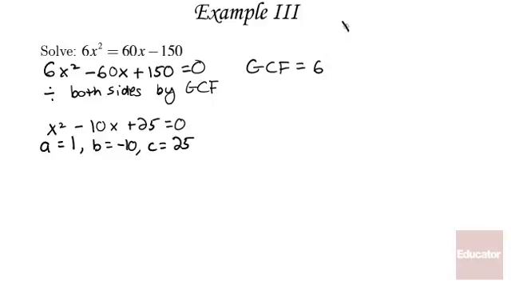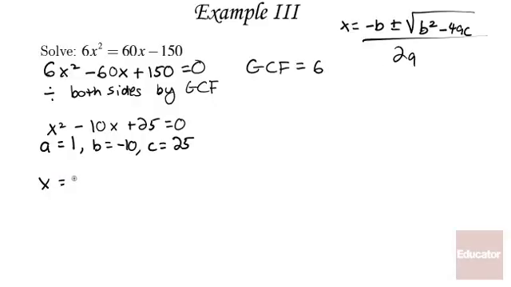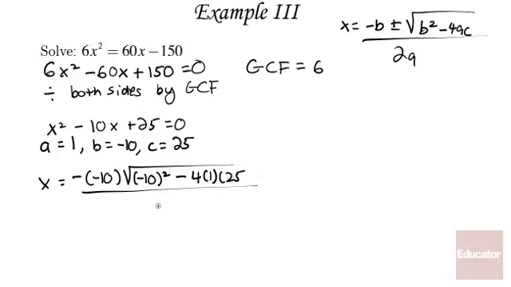Quadratic formula, x equals negative b plus or minus the square root of b squared minus 4ac divided by 2a. Okay, substituting that in, x equals negative b, so negative negative 10, square root of negative 10 squared, minus 4 times a, which is 1, times c, which is 25, all over 2 times a, which is 1.